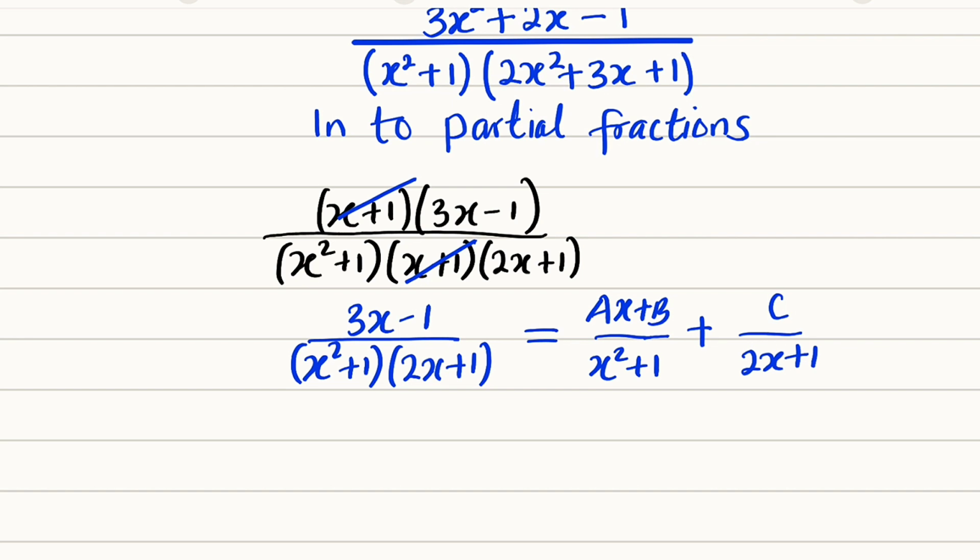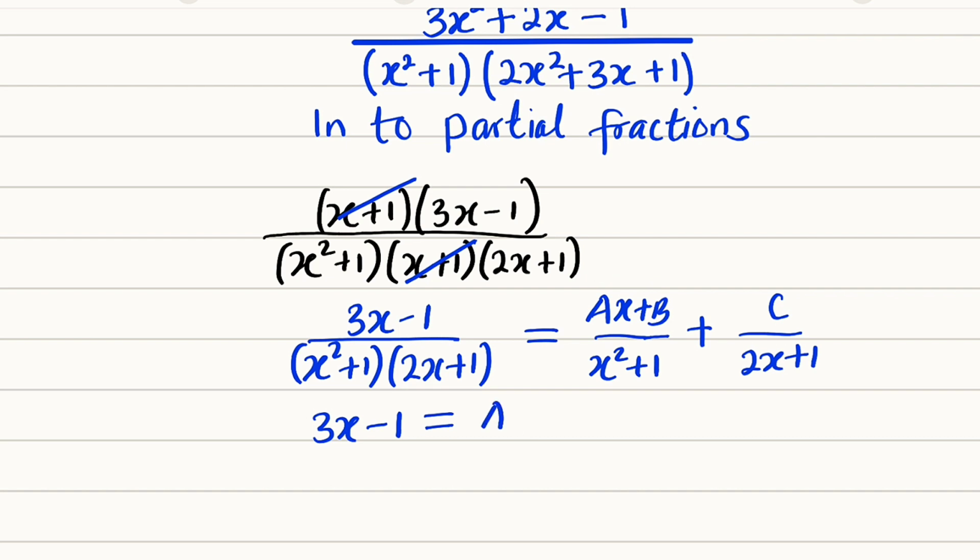Now we are going to multiply each term by these two factors in order to clear the fractions. Multiplying the left hand side by these two factors, we will be left with only the numerator, which is 3x minus 1. And to the right, we have this multiplied by these two factors. x squared plus 1 will cancel x squared plus 1, leaving only 2x plus 1 multiplied by ax plus b.